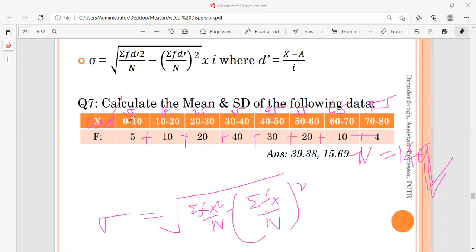And the computed mid values are to be treated as the raw data points, and the rest of the procedure is as it is, like the computation of standard deviation in a discrete data set. So I think you are clear about the concept of the standard deviation. And there are other formulas too, other variations, but all formulas give the same value of standard deviation.